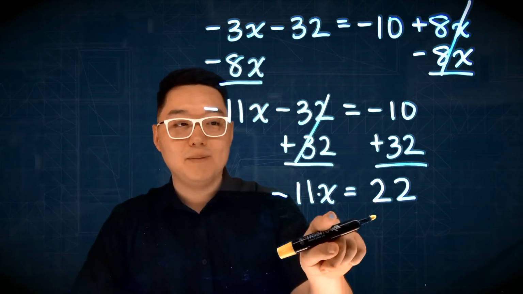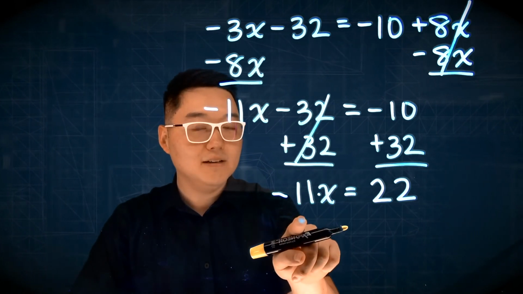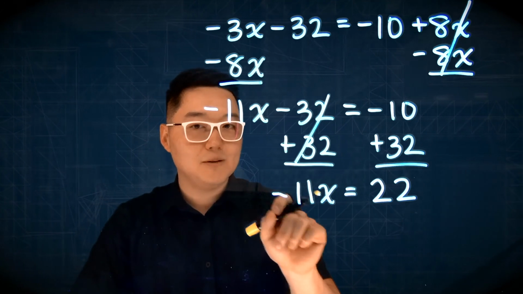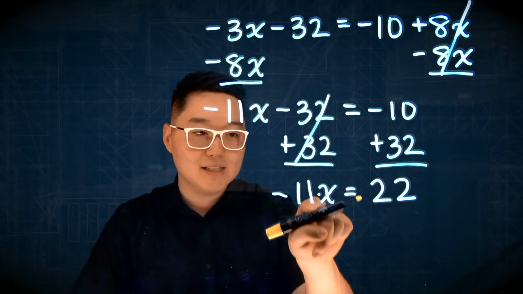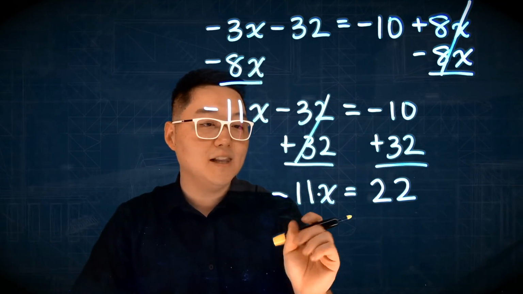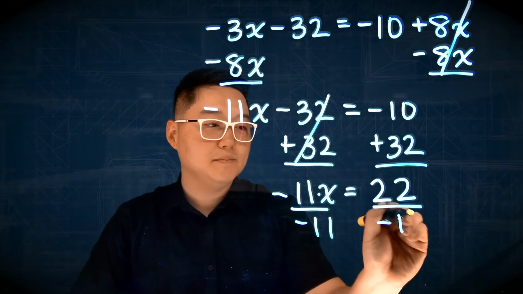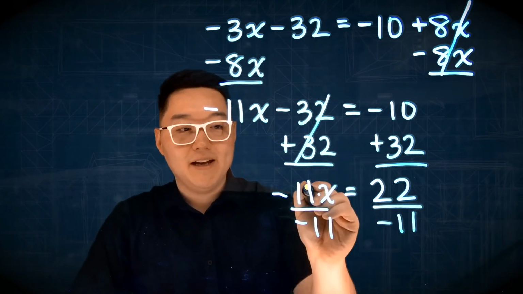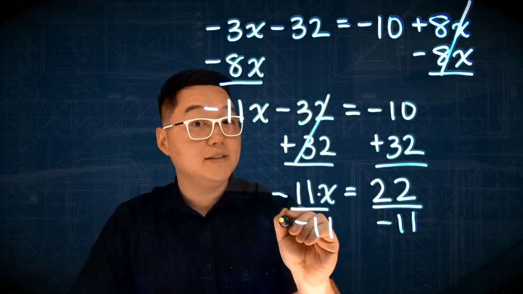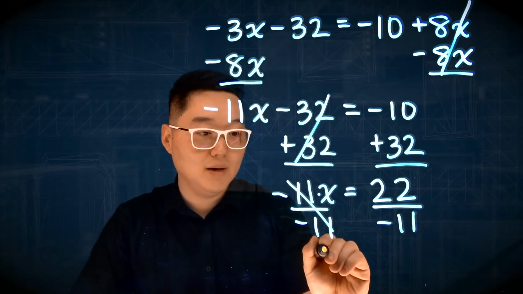So to get x by itself, I have to get rid of this times negative 11. So what's the opposite or the inverse operation of times negative 11? Well, the inverse operation of multiplying by negative 11 is to divide by negative 11. Now negative 11 divided by another negative 11 goes away to be a positive 1x.